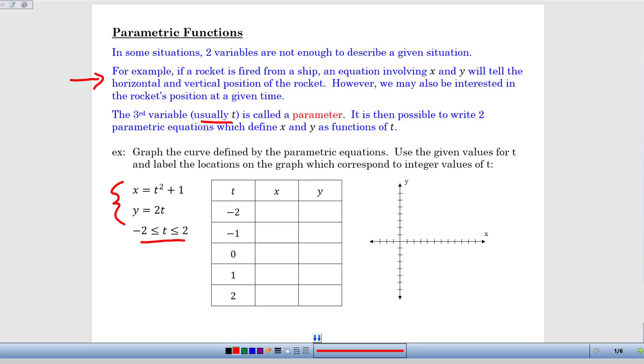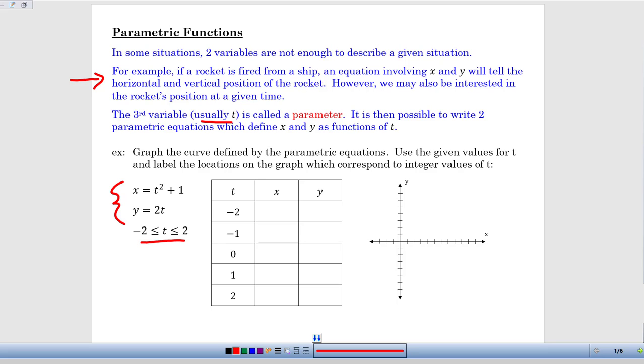And then oftentimes we'll have some restrictions as to what our values for t, what our inputs for t are going to be. In this case, we've restricted ourselves to just being between -2 and +2. And so now what we're going to do is we're going to use this kind of chart here, this table, to generate a set of x and y coordinates based on these various values of t.